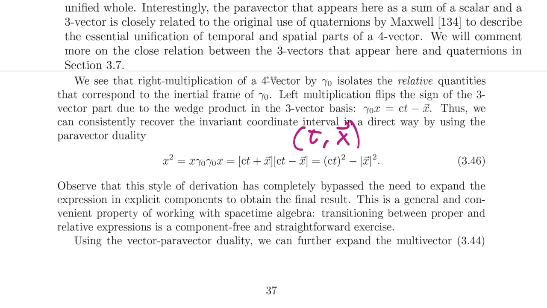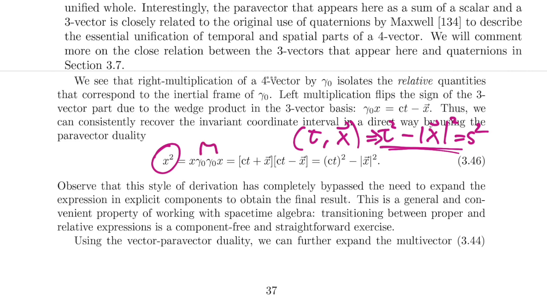So normally we would say, okay, this interval, we all know, is t squared minus the magnitude of x squared. That's the square of the space-time interval. That's s squared, from special relativity. So what they want to say is, well, what is x squared going to be? It's the magnitude of this event's position vector.